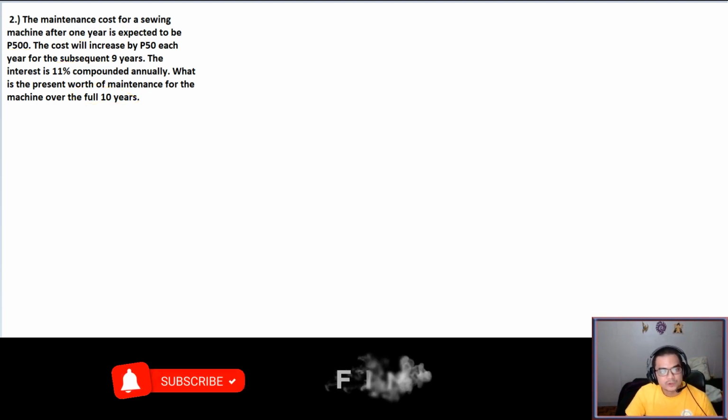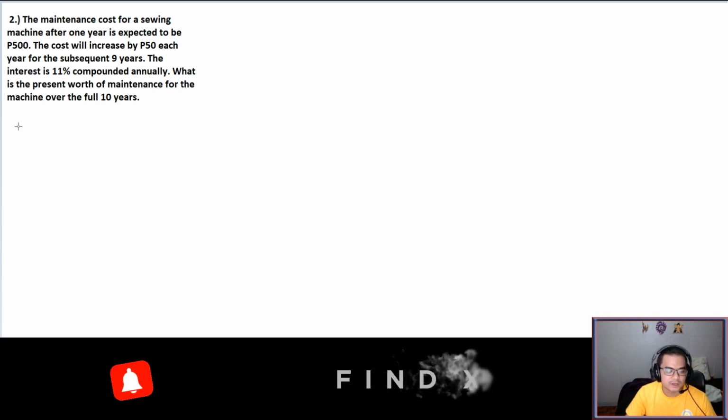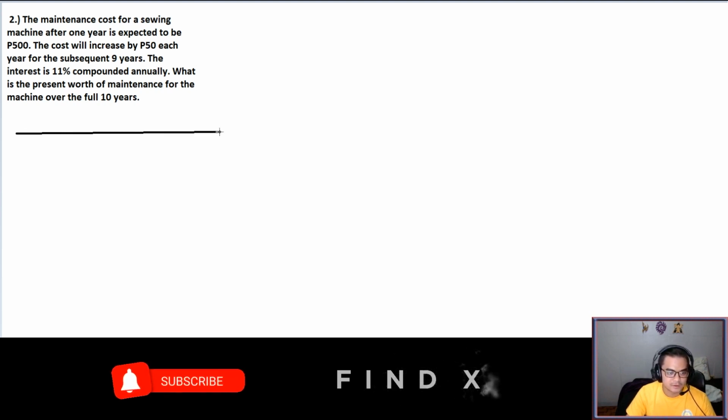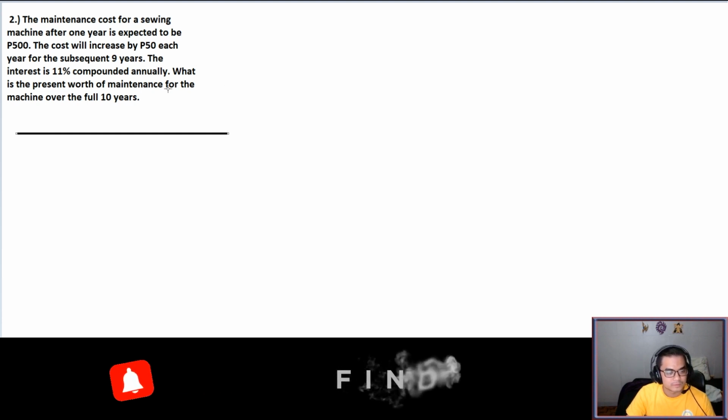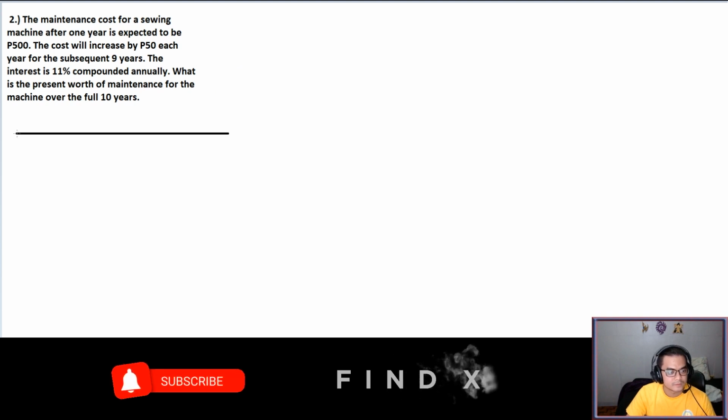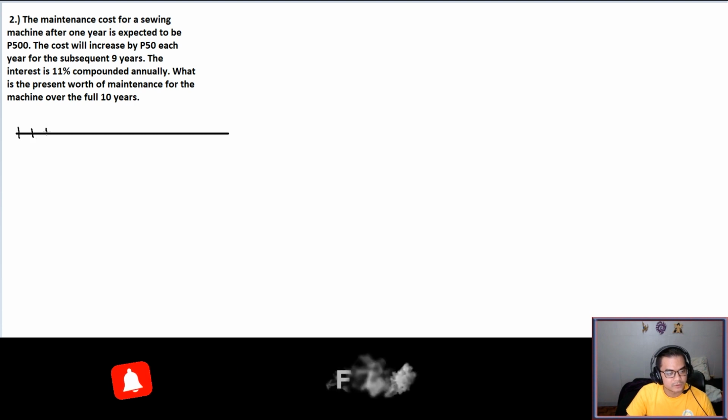Okay, so drawing the cash flow diagram again. Okay, cash flow diagram. So that's 0, 1, 2.